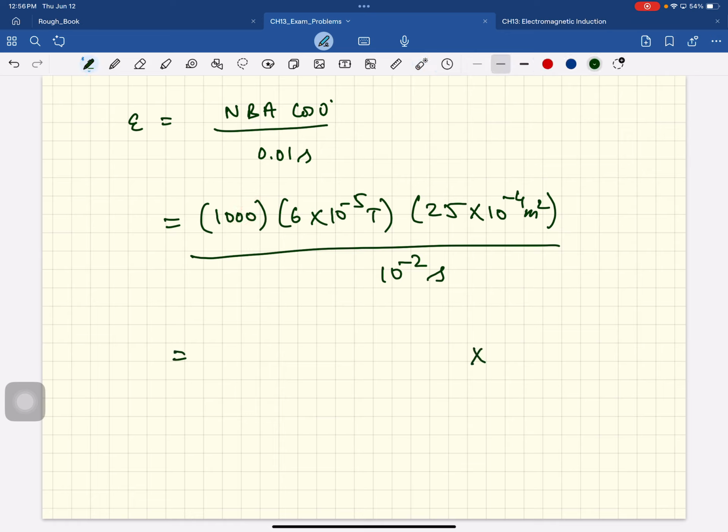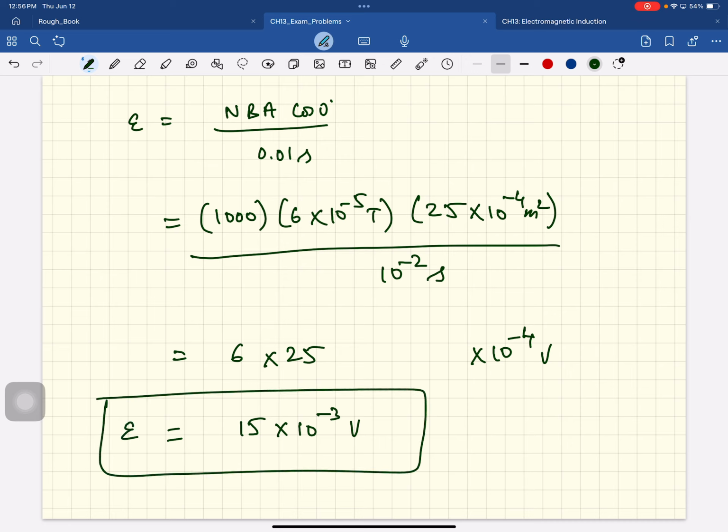So 10 to the minus 4 volts, 6 times 25. And that's 150, so 15 into 10 to the minus 3 volts. Okay, 15 millivolts.